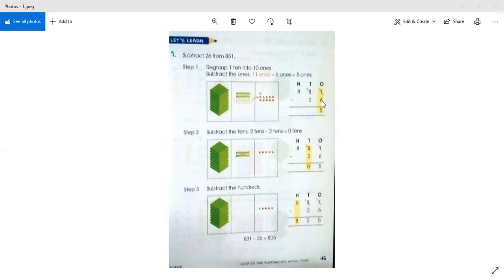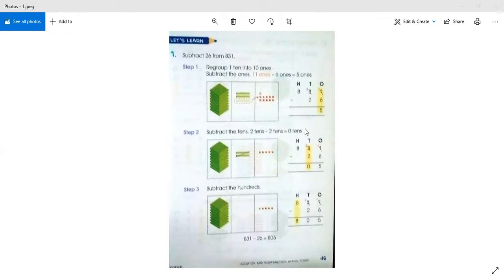We cannot subtract 6 from 1, so क्या करेंगे? बोरो करेंगे, रीग्रुप करेंगे. अब रीग्रुप हम 10 से कर रहे हैं. 10 में क्या था? 3 tens था, तो 3 10 में से 1 10 हमने बोरो किया. What will it be? It will be 11. So we will subtract 6 from 11. What will be? 5, right? And it is not 3 anymore, it is 2.